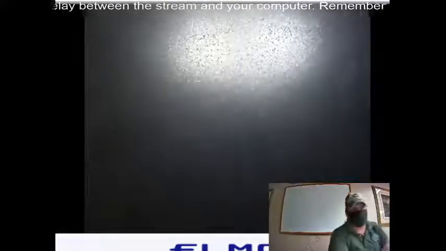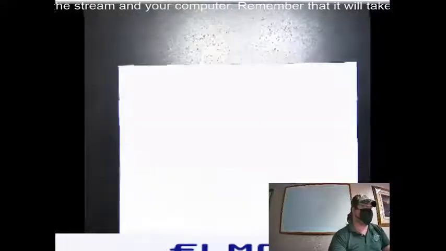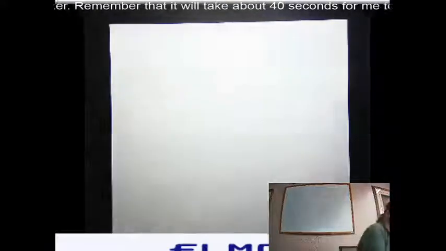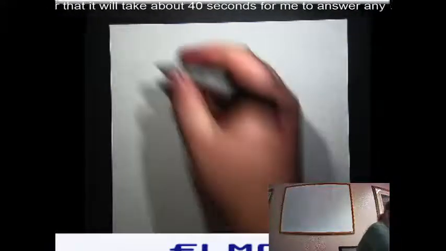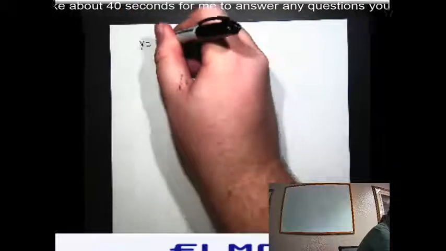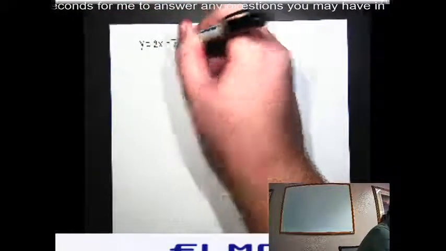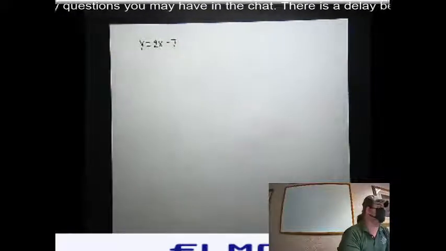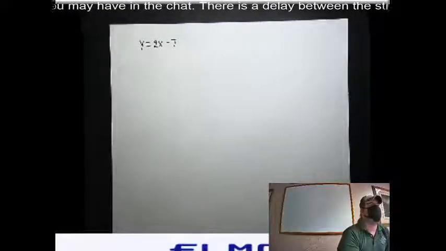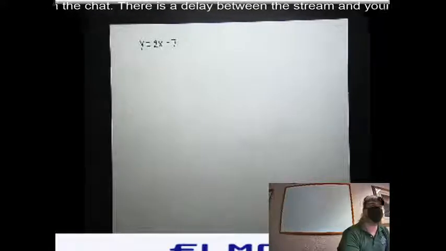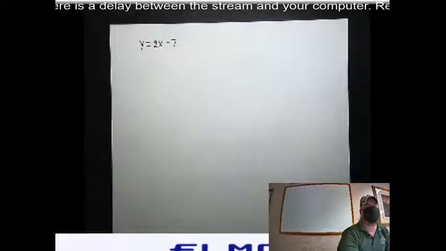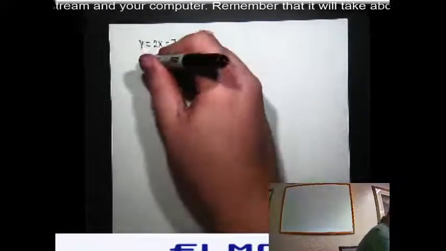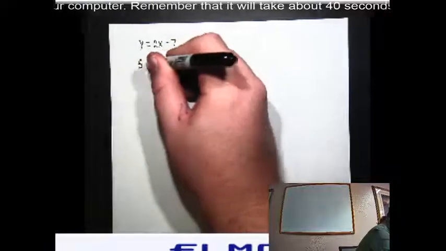So what I want to introduce today is the concept of not an equation, but a function. We're used to seeing things like y equals 2x minus 7. This is a perfectly valid linear equation. Now, it only takes one thing to change this from an equation to a function, and that is to make y f of x.